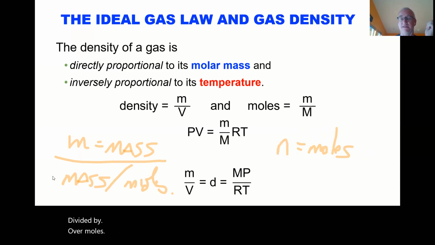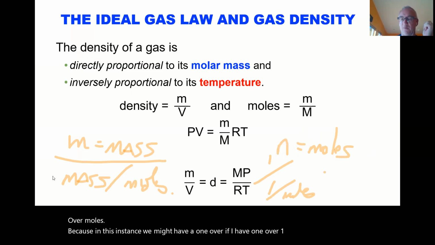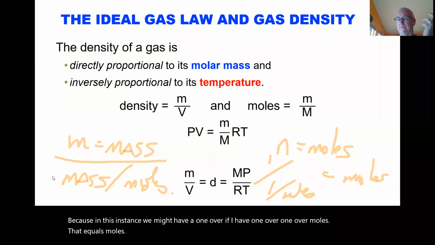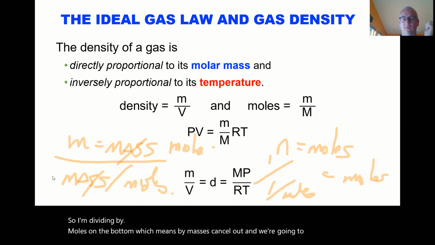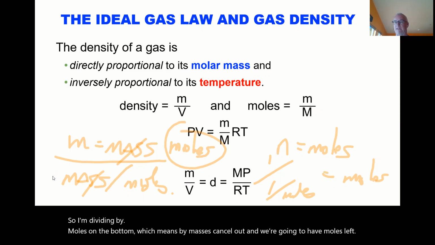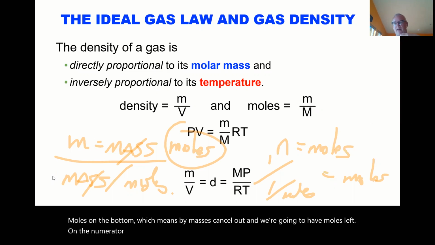Because in this instance, if I have 1 over 1 over moles, that equals moles. So I'm dividing by moles on the bottom, which means my masses cancel out and we're going to have moles left on the numerator. I know, a little weird, but it's one of those things we use in math to move things around.